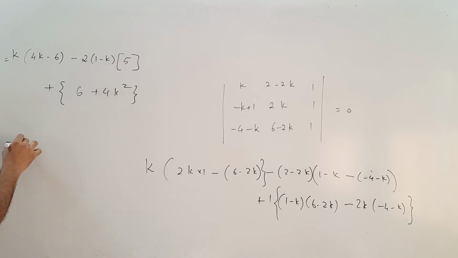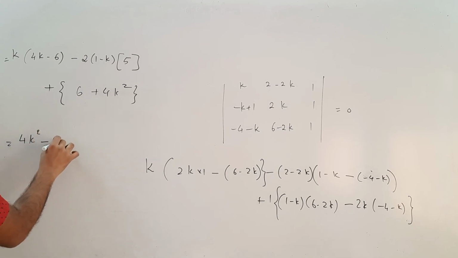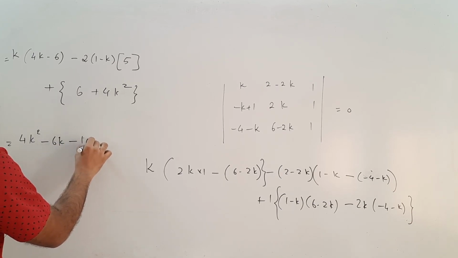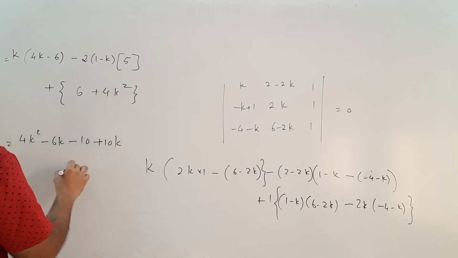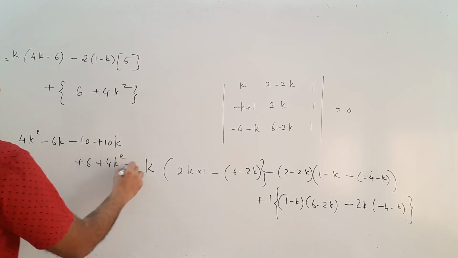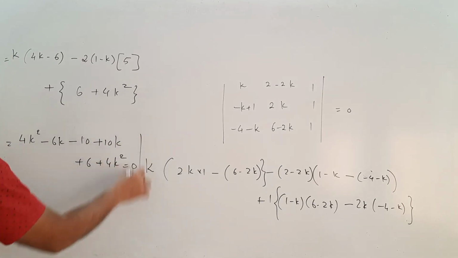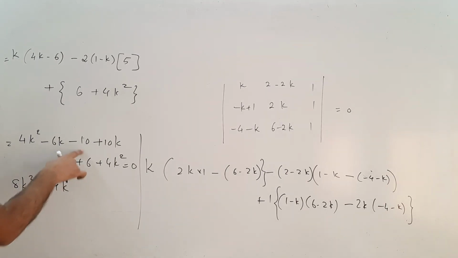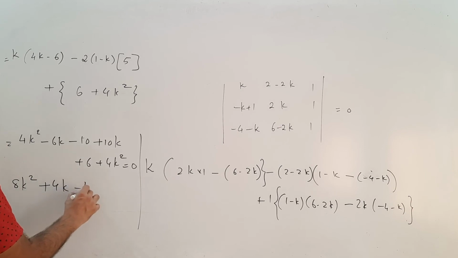So next, 4k square minus 6k minus 10 plus 10k, then plus 6 plus 4k square. This is equal to 0. So 4k square and 4k square will give me 8k square, plus 10k minus 6k will give me plus 4k, and lastly minus 10 plus 6 is going to give me minus 4.